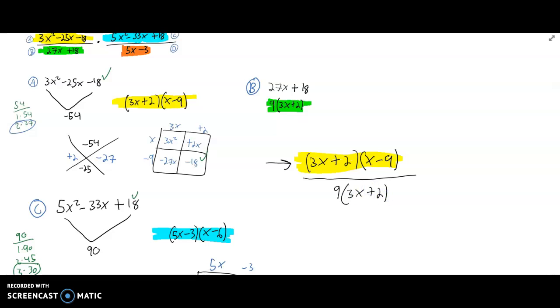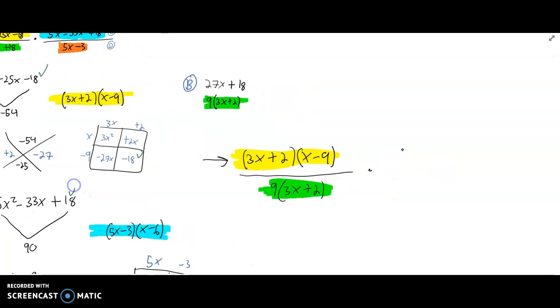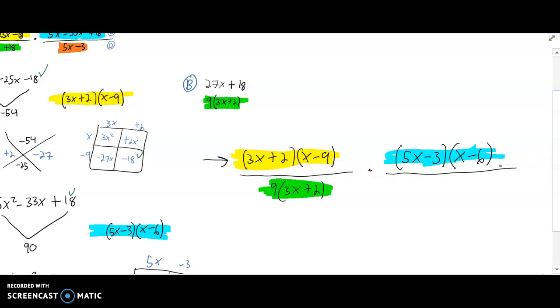That was our green one. Times 5x minus 3, x minus 6. This was blue. And then our orange one that did not change because there was nothing to factor out, 5x minus 3.